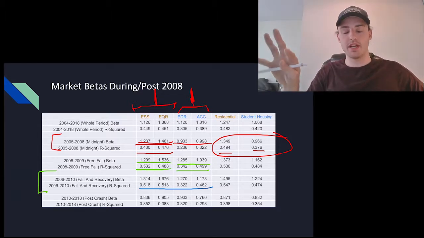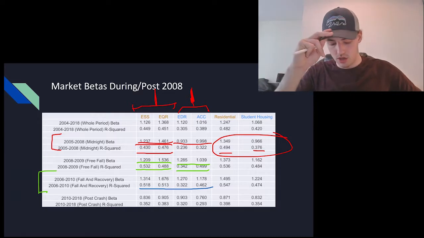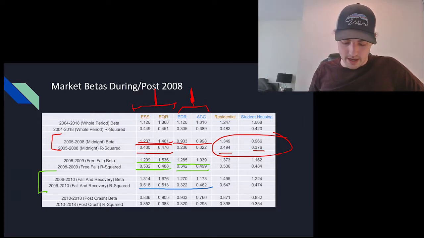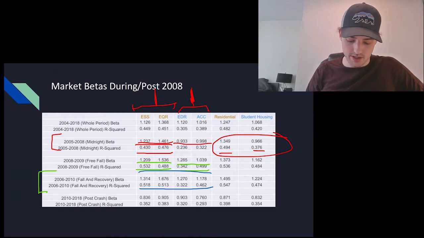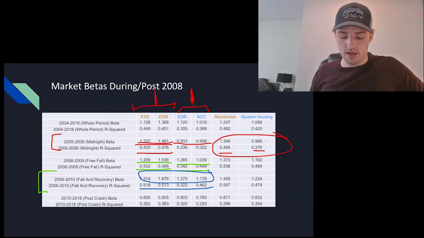And that could have been seen in some of the earlier graphs and will also be seen a little bit later. And once again, the betas of the entire market in real estate are very strong.